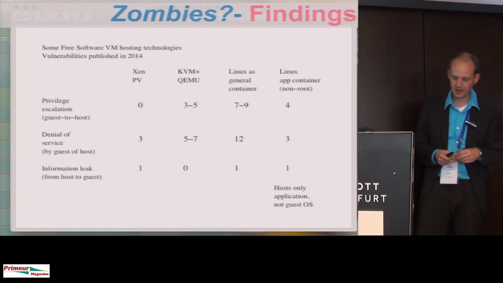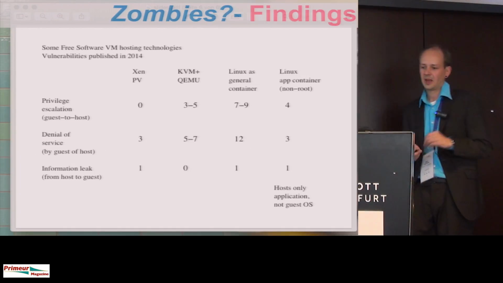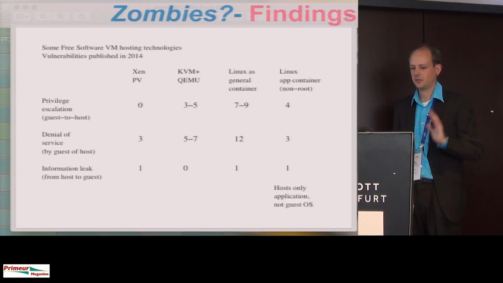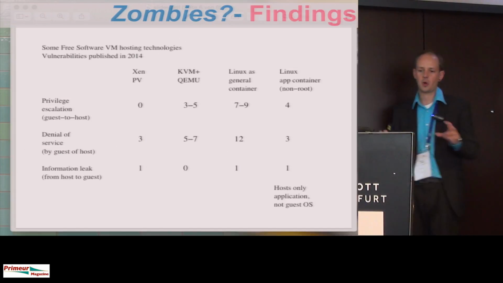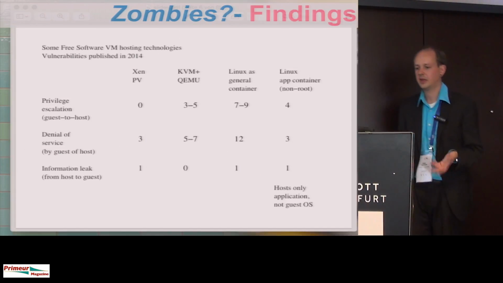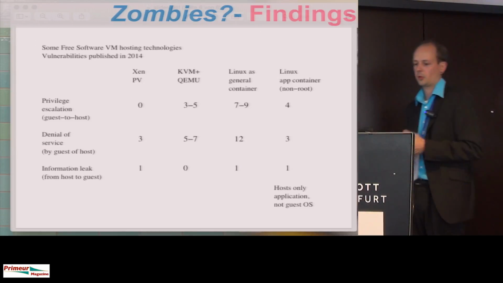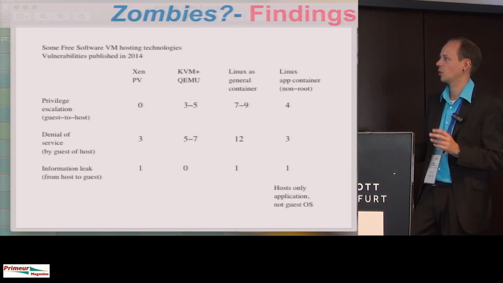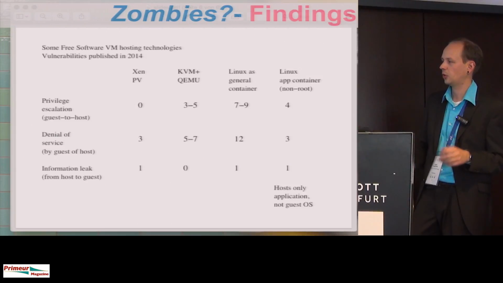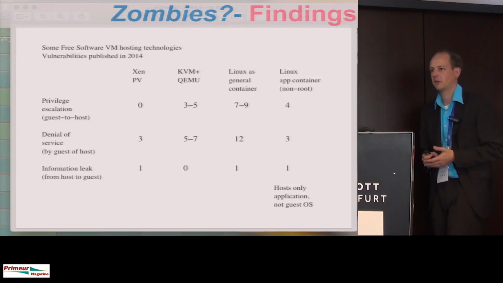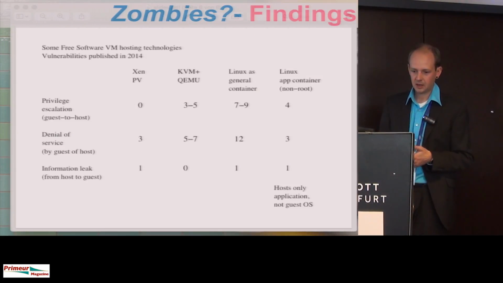Citrix is the company behind Xen at the moment, but the findings were that paravirtualized Xen offers the smallest potential for attacks, and a much higher risk for containers if you use them as a general container, the way you'd use a VM, for example.